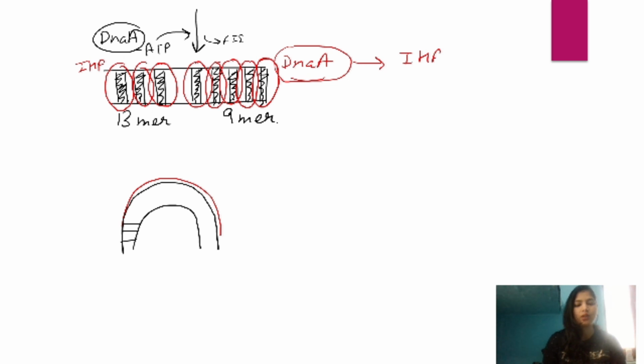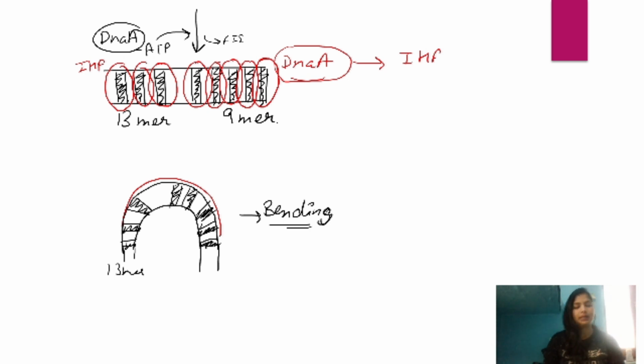So now the units which were 13 mer, so here is bended or it has shown a bending. Now again यहाँ पर जो प्रोटीन्स थे वो क्या थे, DNA A and IHF.